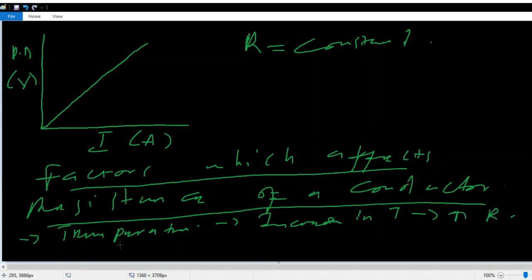And when temperature is reduced, resistance is also going to reduce. Then the other factor that affects resistance is the length of the conductor.